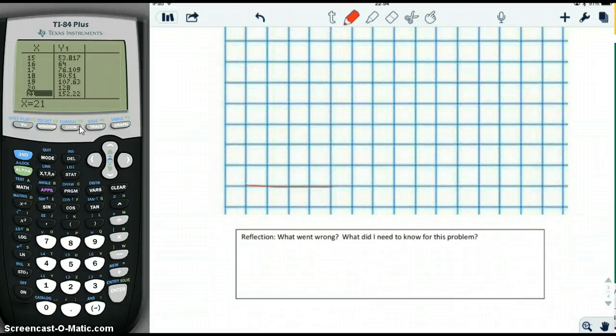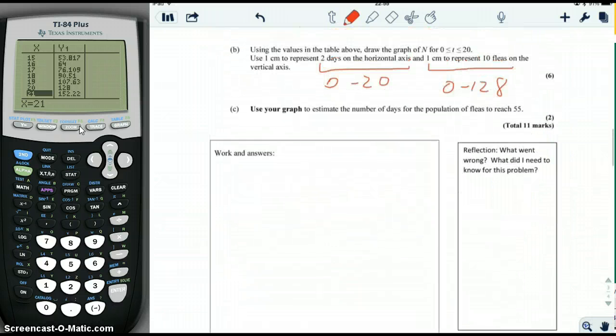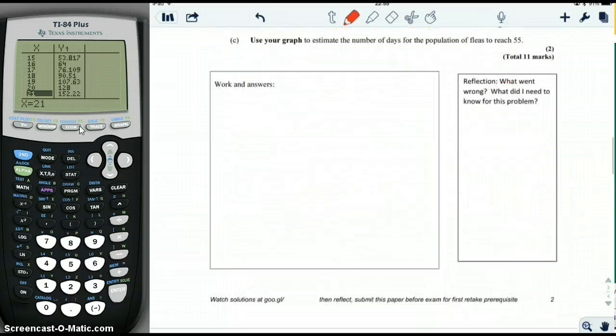And you should use a ruler on the test. Okay, 0, 2, 4, 6, 8, 10, 12, 14, 16, 18, 20. Okay, and I know that the y-axis is fleas, that's hard to forget. And the fleas, we're going to count by how many fleas? 10 fleas per centimeter.